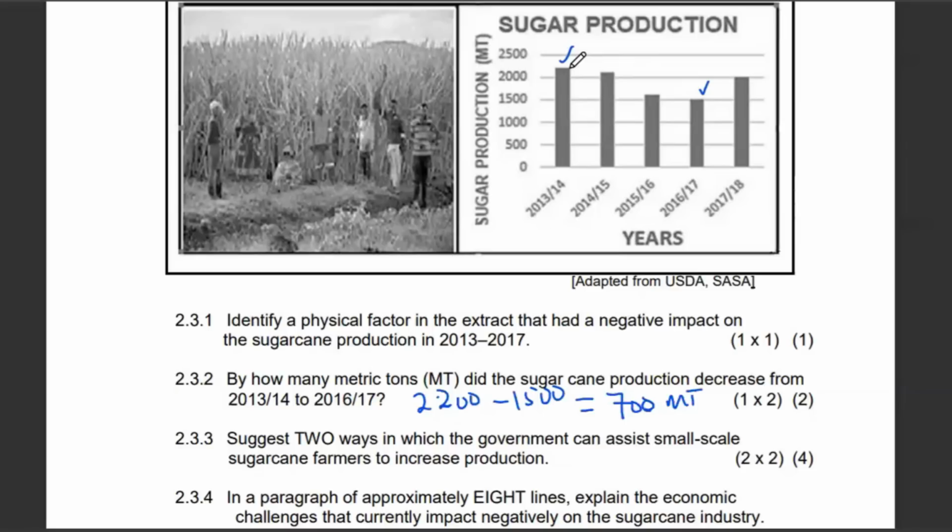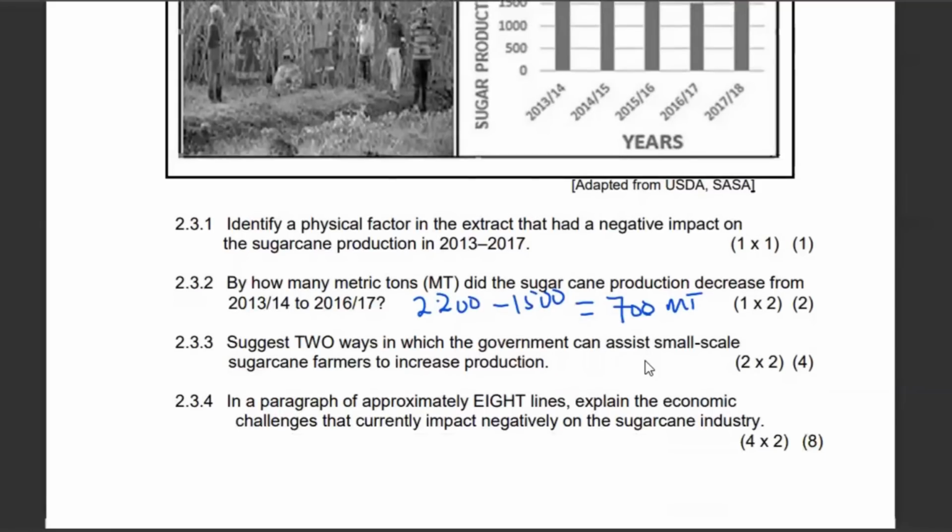But by estimation, the correct measurement there must be around 2,200, because 2,250 will be at half point. Then we get to 2,500. So the estimation is 2,200 for 2013-14, and for 2016-17 it's clearly 1,500. So the difference there is around 700 metric tons.